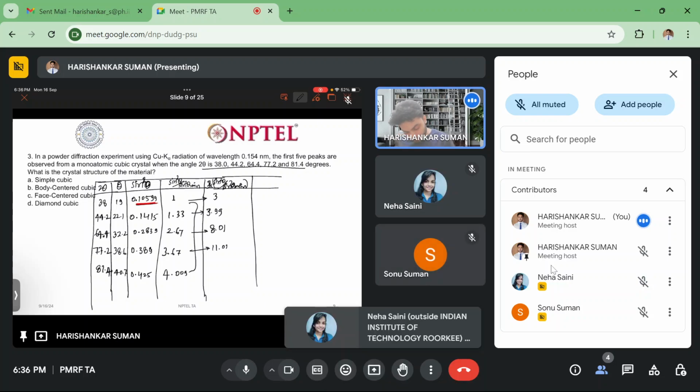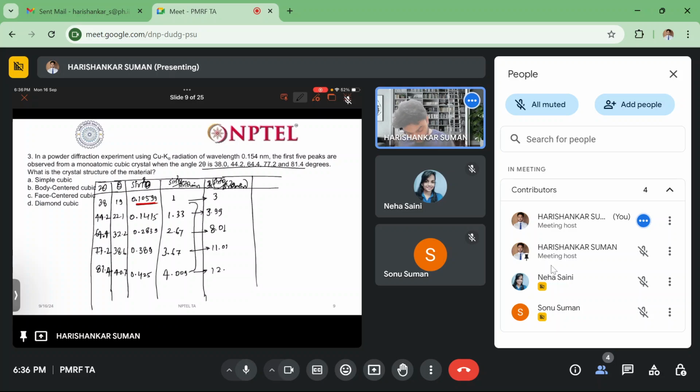And multiply. So perfect: 3, this is 4, this is 8, this is 11, this is 12. This is equal to H squared plus K squared plus L squared.